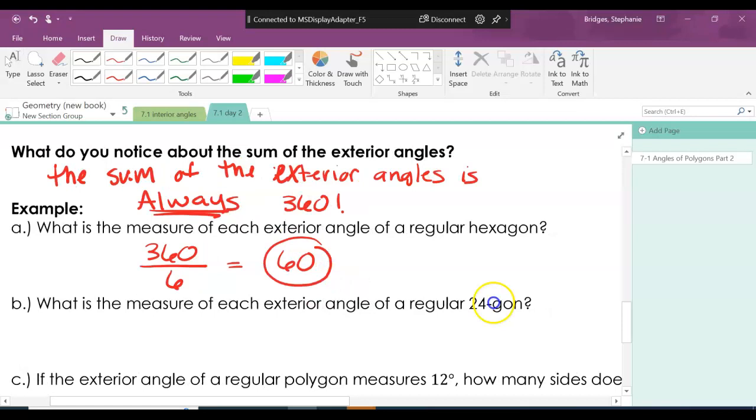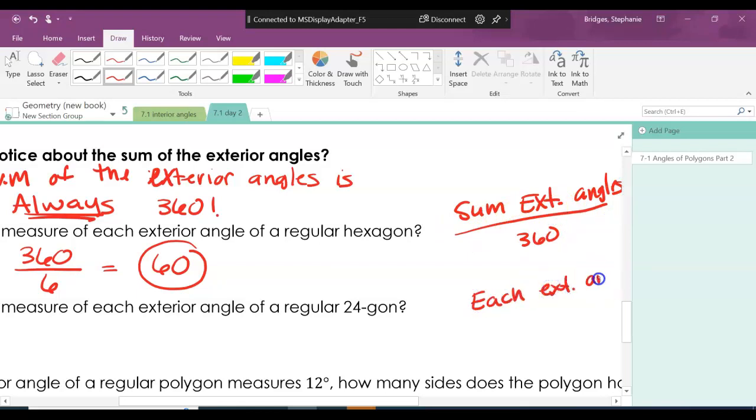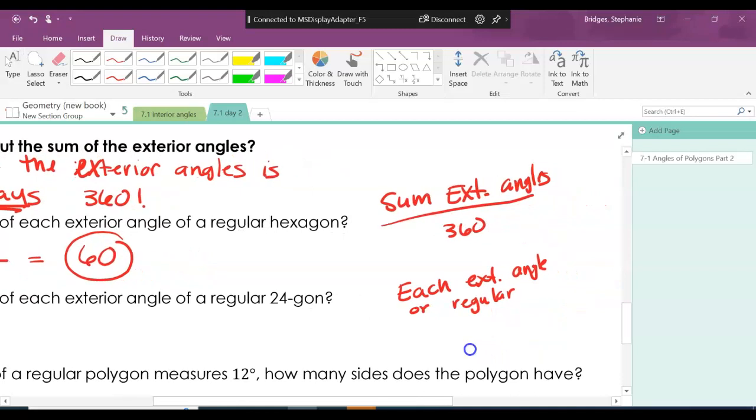60. So the sum of the exterior angles, we already wrote this, is always 360. But if you want each exterior angle of a regular polygon, sorry, running out of room, your formula is going to be 360 divided by n, the number of sides.